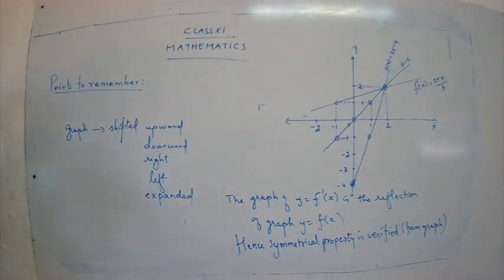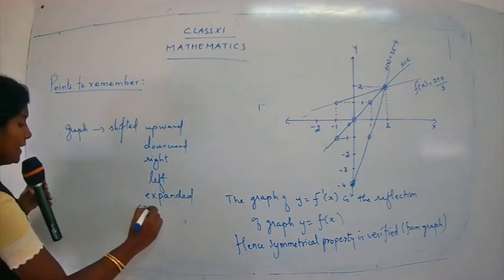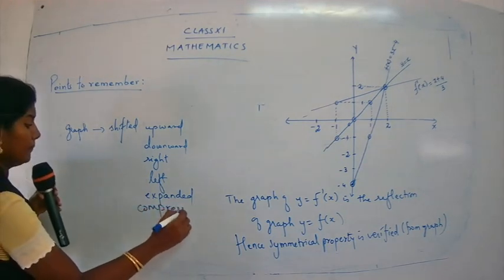Expansion, it becomes more, or it gets widened. Compression, it gets shrunk. It becomes less. So these are the different transformations that we are going to see.